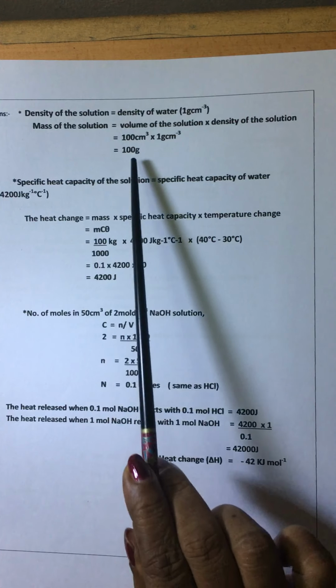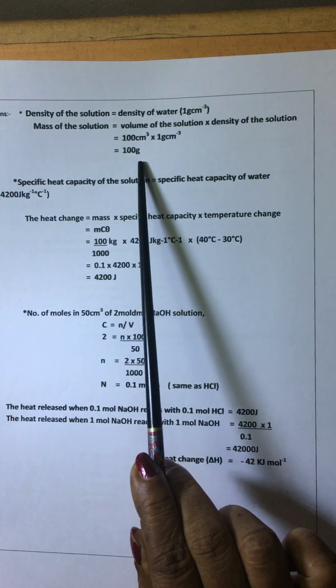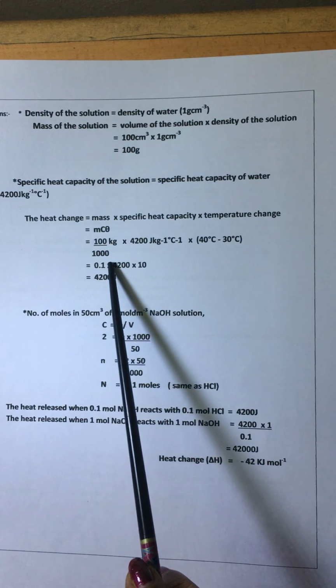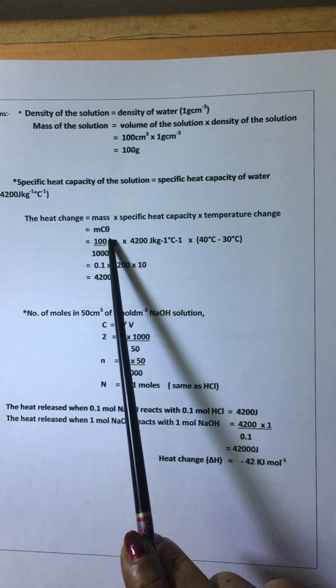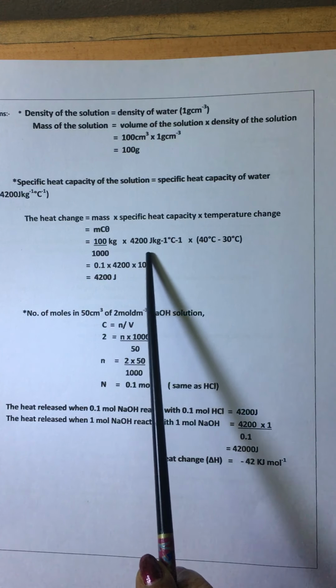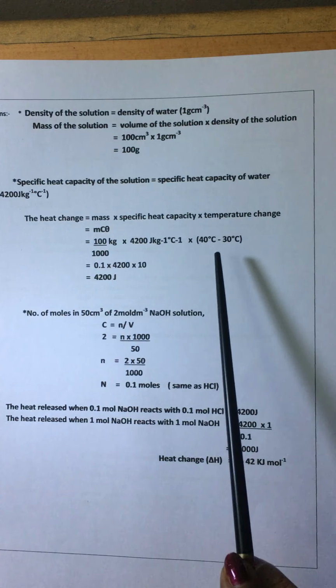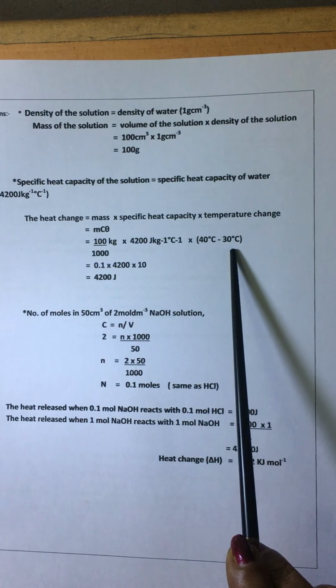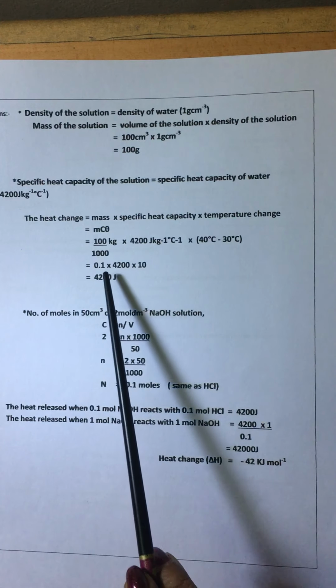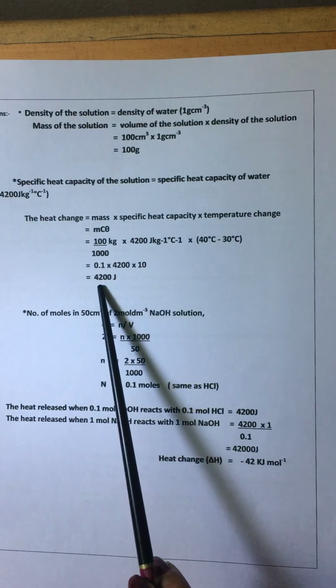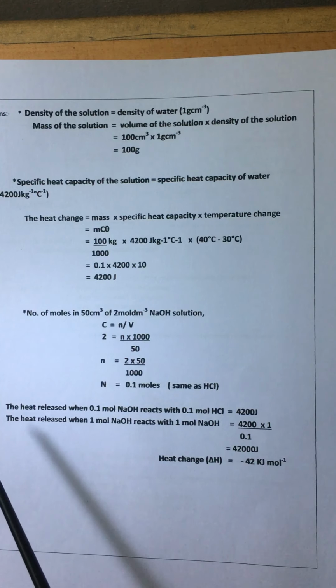Right? Here we have 100 grams, the mass of the solution we already measured. So we divide by 1000 to make kilograms. Specific heat capacity 4200, and the temperature change is 10. When you simplify this, you will get 4200 joules.